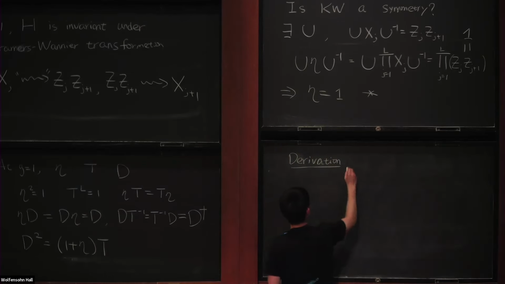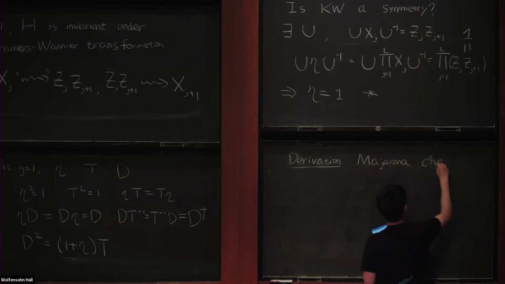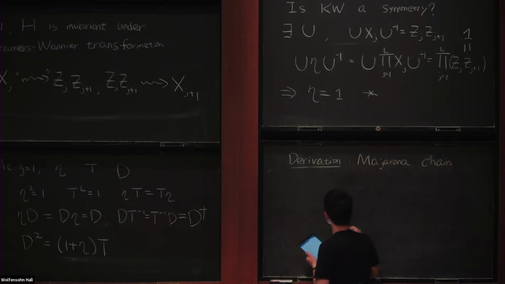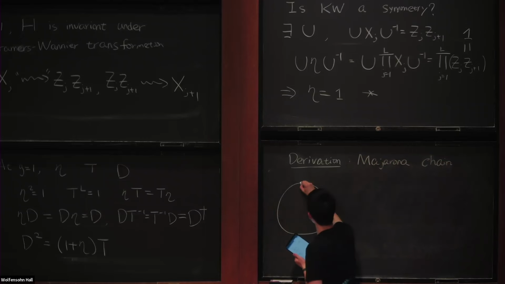So the model we are going to consider is a Majorana chain model. So still, we work on a closed chain. But now on every site, I have a real Majorana fermion.